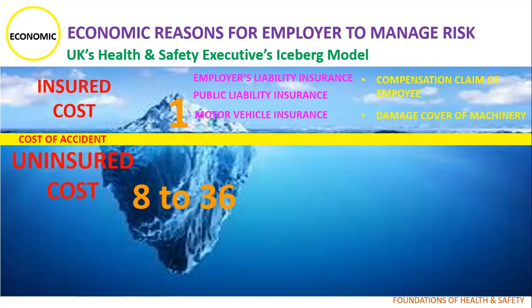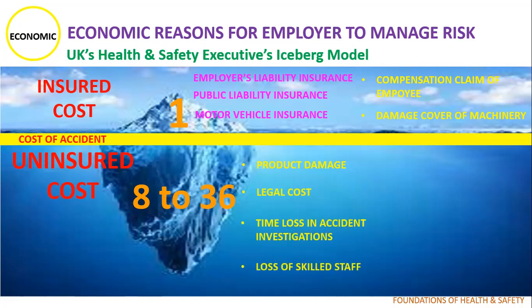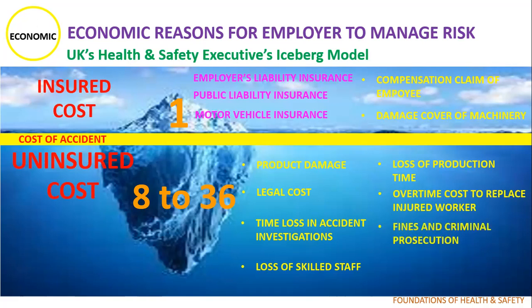This can be insured. But what about the uninsured cost, like the product damage, legal cost, time loss in accident investigation, loss of skilled staff, loss of production time, overtime cost to replace the injured worker, and fines and criminal prosecutions, loss of reputation leading to loss of contracts.